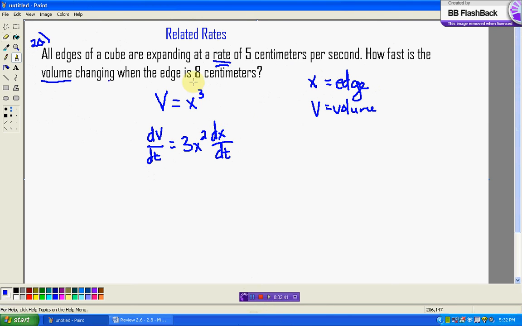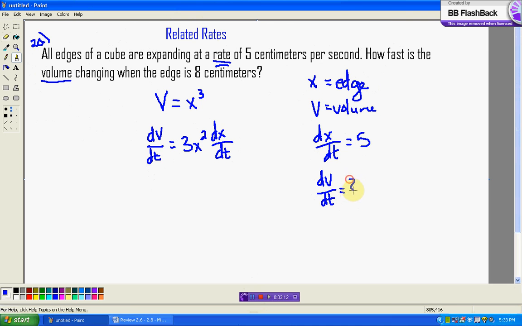Now, we are actually given some of this information in the problem. It says all edges of the cube are expanding at a rate of 5 centimeters per second. That means the rate for the edge, this dx over dt, the rate for the edge's growth, is equal to 5. And then it says how fast is the volume changing. So you want the rate of the volume, so we're looking for dV dt.